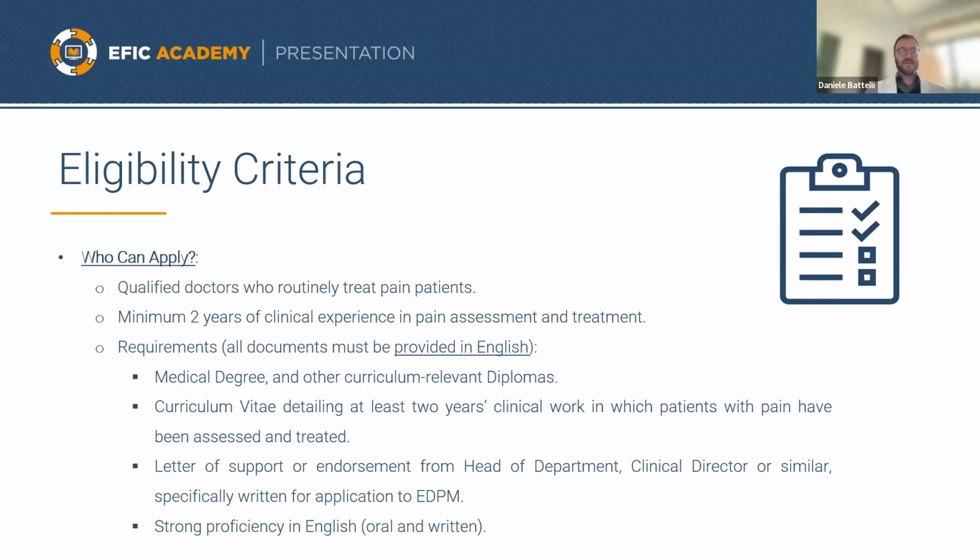Please note that this letter of support must be written specifically for the application to the EDPM.